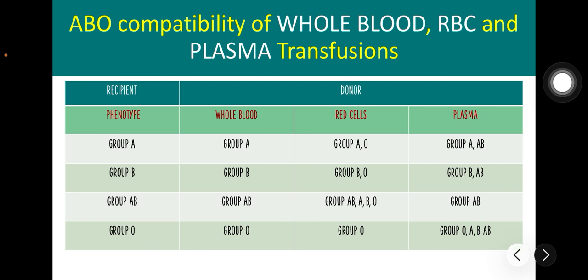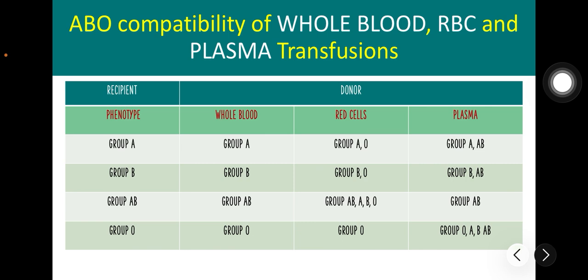In emergencies where group AB plasma is unavailable, some facilities use group A thawed plasma for trauma patients of unknown blood type. Whole blood transfusions contain both the donor's red cells, or the antigens, and the donor's plasma, or antibodies. Because both components are present, the requirements are much stricter. So whole blood must be ABO identical to the recipient.